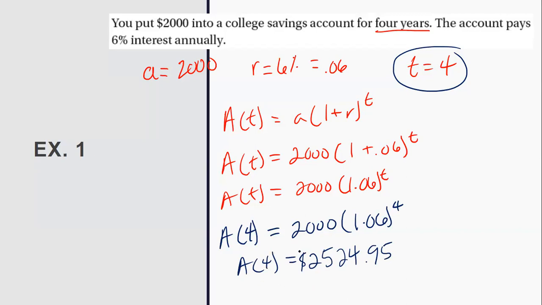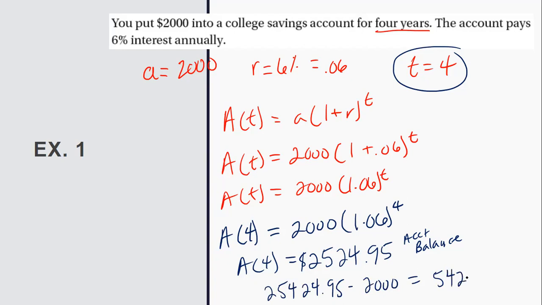So depending on the question, if it wanted to know the account balance, then this would be the answer. If the question says how much interest occurred, how much did you earn? How much I earned would be the difference between the two. Does that make sense? So how much I've earned, I would have to subtract 2,524.95 minus my initial investment. And I would have earned over time $524.95.